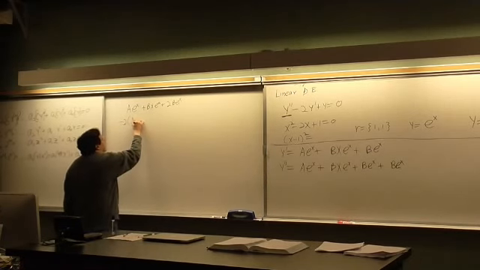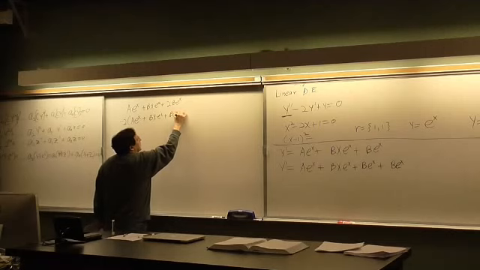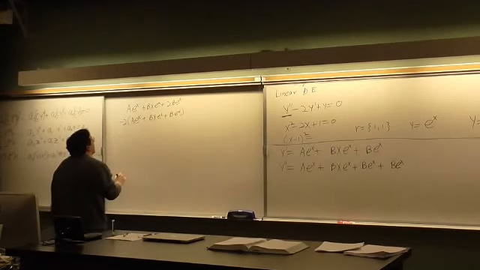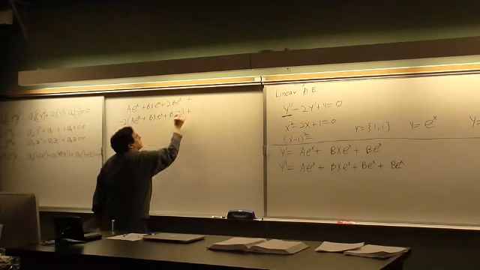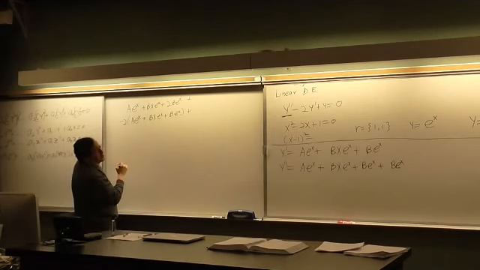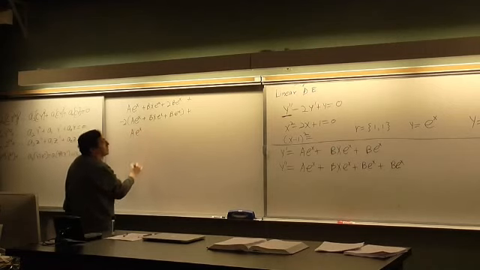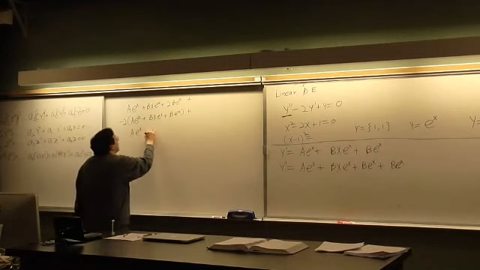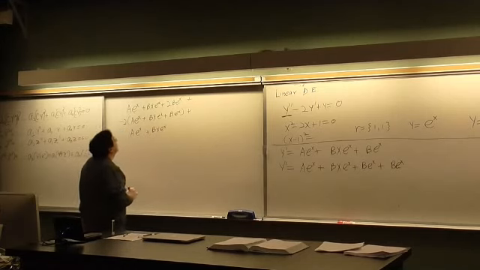Minus 2 a e to the x plus b x e to the x plus b e to the x. And now just plus the original function, which is a e to the x plus b x e to the x.